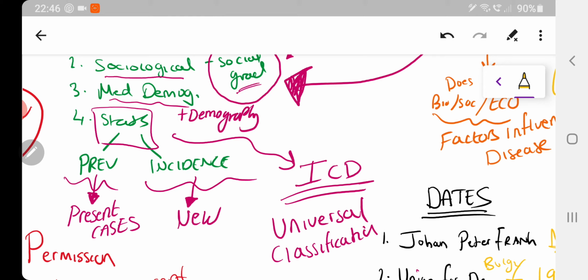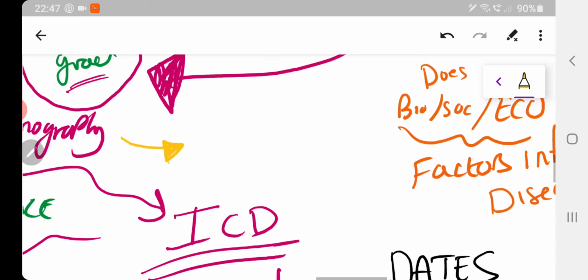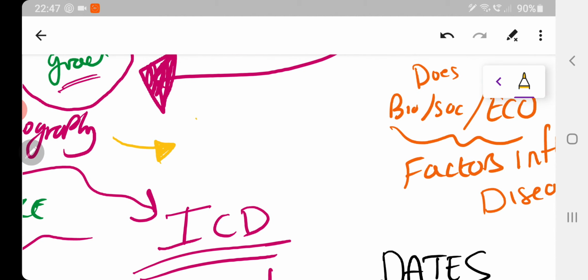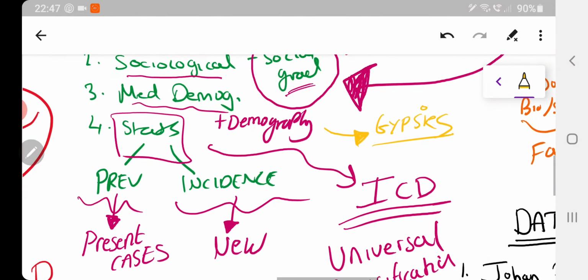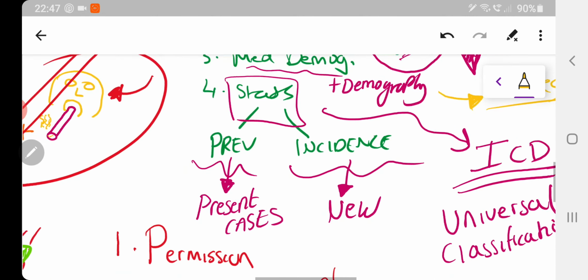Yeah, I can't really remember demography, and I'm gonna need to look at that. But yeah, you can kind of make something up about how a certain demographic. Oh, how he was on about gypsies. The gypsies are isolated. He said something like that, didn't he? Just make some up.